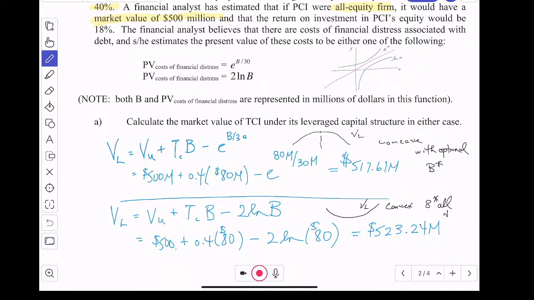I'm going to take this form of the function and work with it. So I want to find the optimal level of debt.